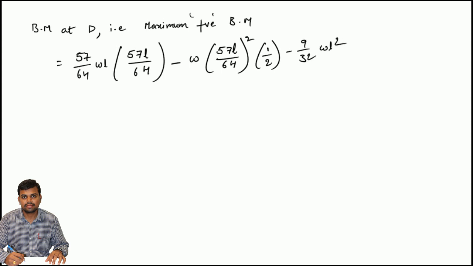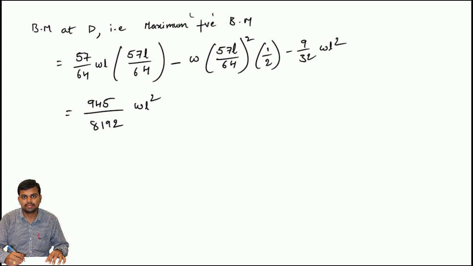If you solve this, you will get 945 by 8192 WL square. This will be the bending moment at D, where the maximum positive bending moment is occurring. The maximum positive bending moment occurs where the section shear force is equal to 0.